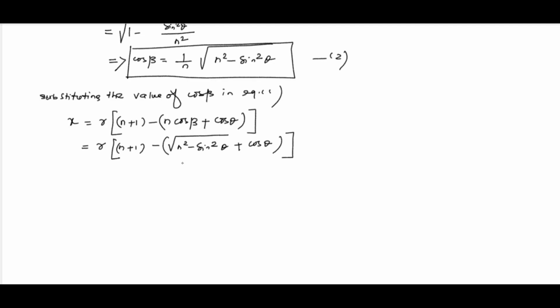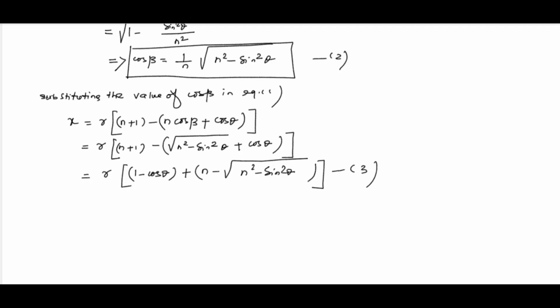So we can write this equation as r into (1 minus cos theta plus n minus root over of n square minus sine square theta). Okay, let's say this is equation 3.